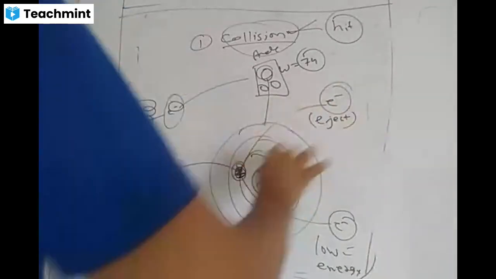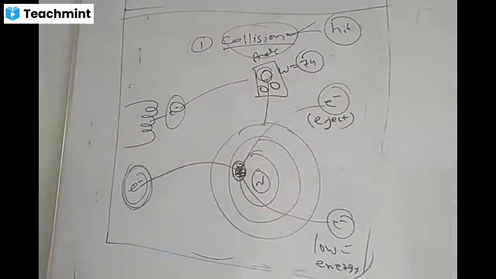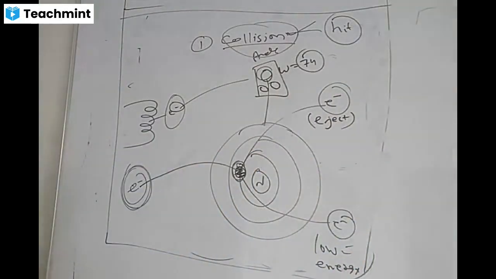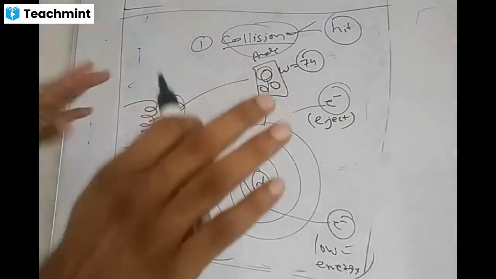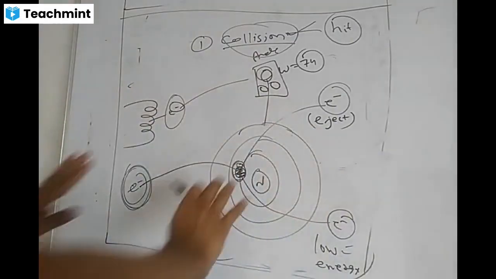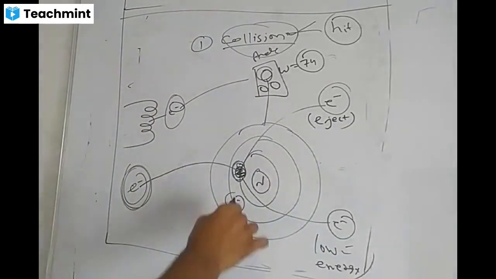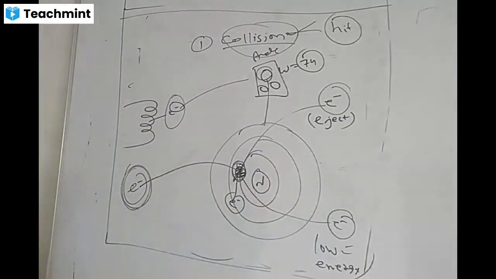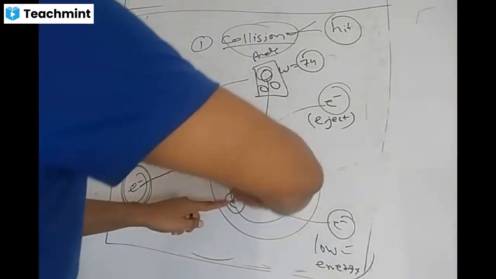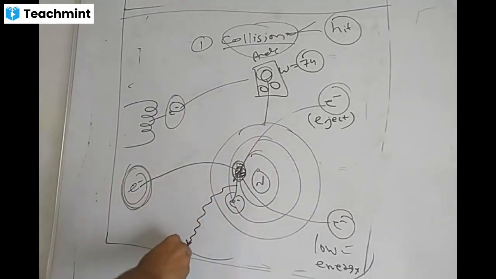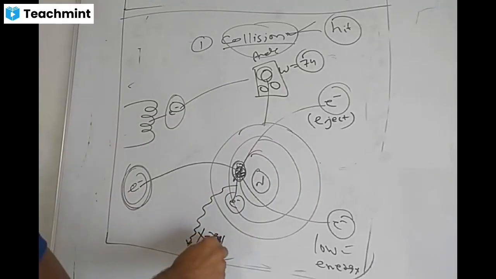And this is the electron which was in the inner shell. An atom with a vacancy or hole is not a stable atom. To become stable, an electron from the outer shell will jump to the inner shell. During this jumping, it loses some energy, and that energy is your X-ray.